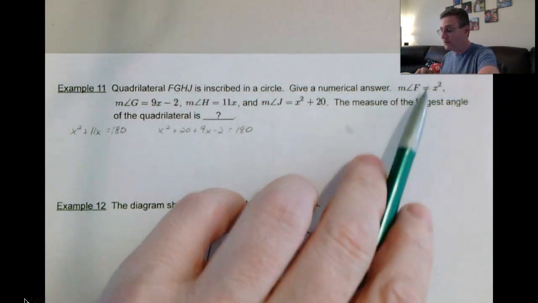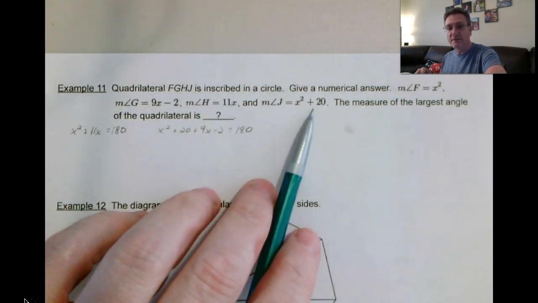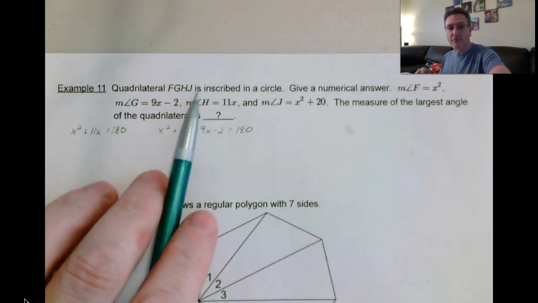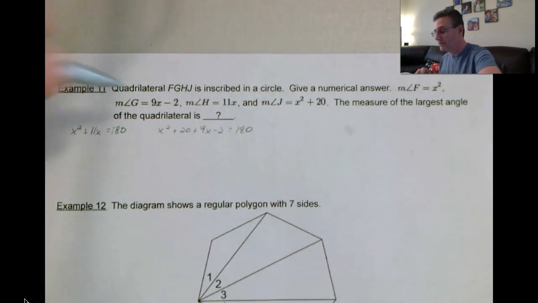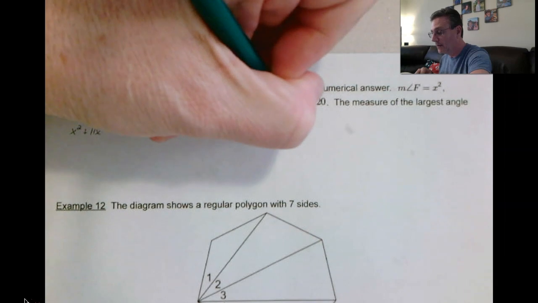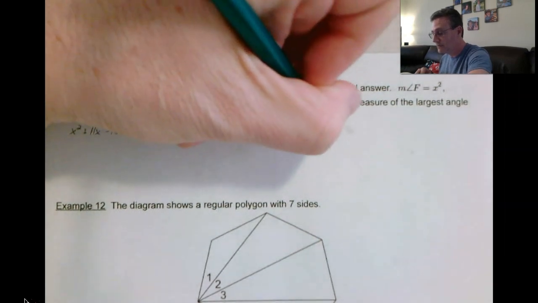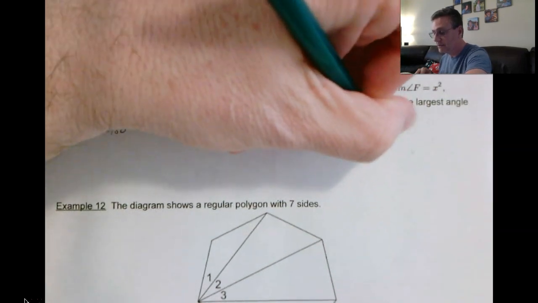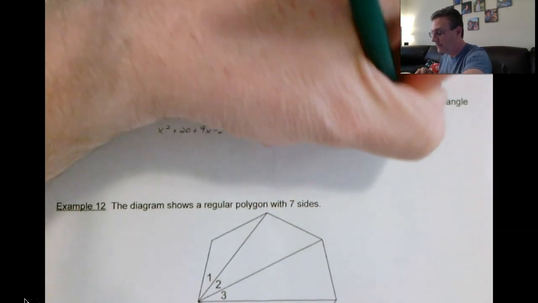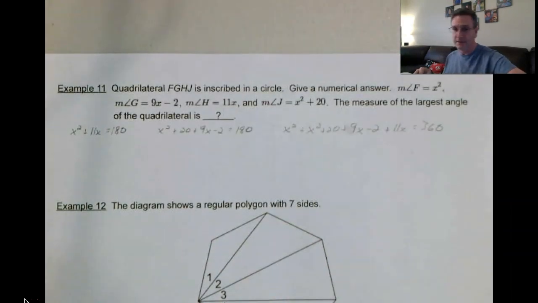And the third equation is all four of these angles have to add up to 360 degrees, because it's still a quadrilateral, and adding up all four angles of any quadrilateral is going to add up to 360 degrees. So x squared plus x squared plus 20 plus 9x minus 2 plus 11x has to equal 360 degrees.